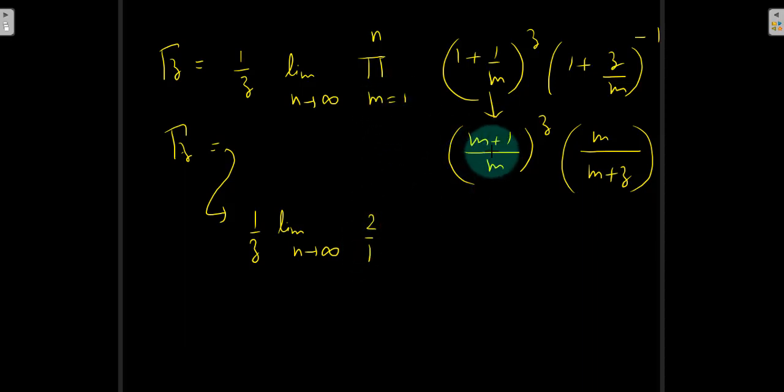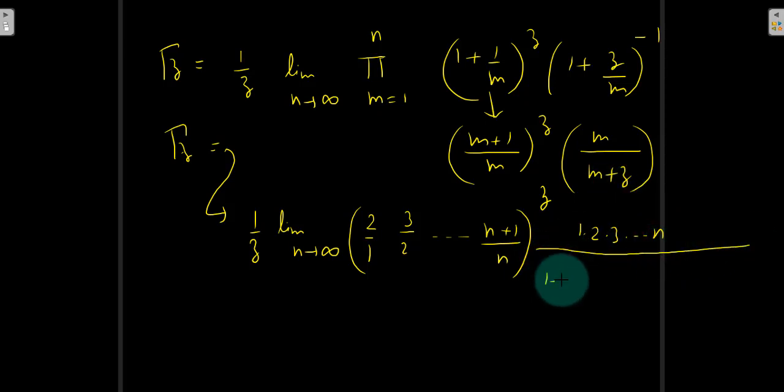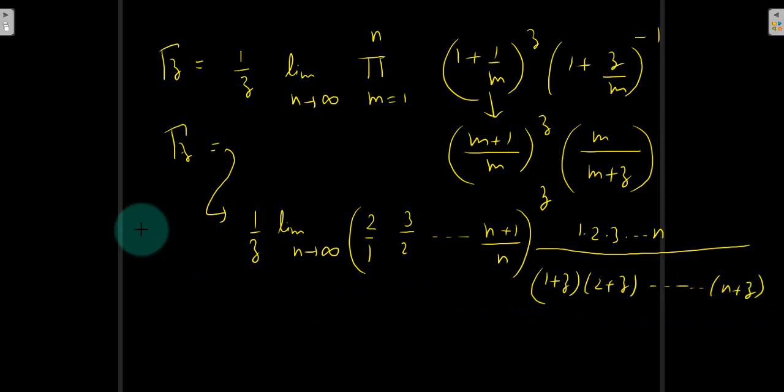For m equals 2, this will give you 3 divided by 2, and the last term for m equals n, you are going to get n plus 1 upon n to the whole power z, and here you will get 1 multiplied by 2 multiplied by 3 up to n, and in the denominator you will get 1 plus z, 2 plus z, and so on, n plus z. Okay, so this is gamma function, gamma z.